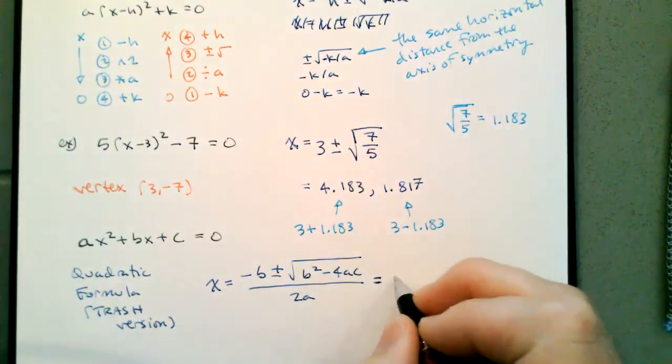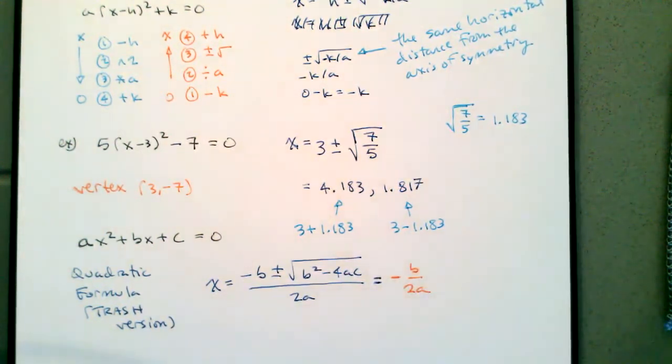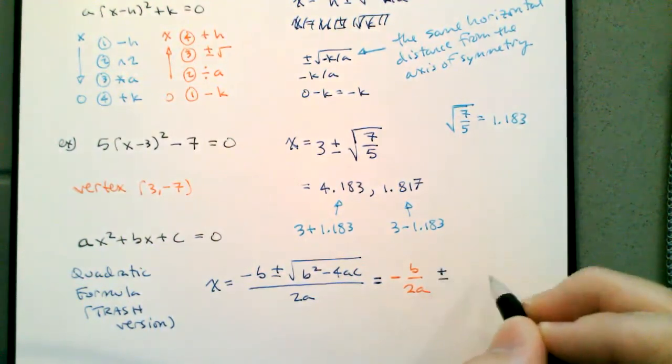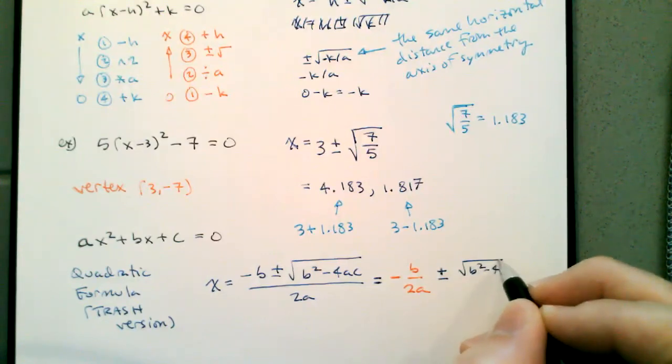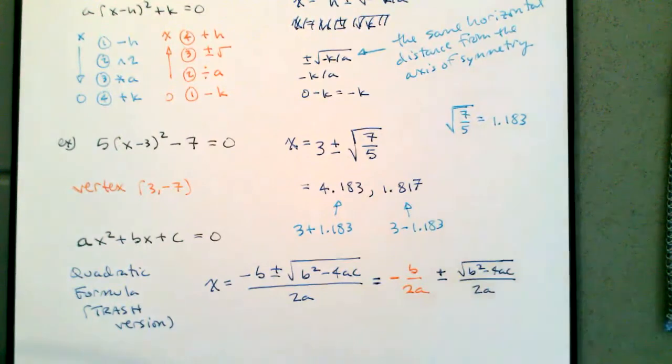There's the middle. There's the axis of symmetry. And then there's this plus or minus the square root of b squared minus 4ac, all over 2a.